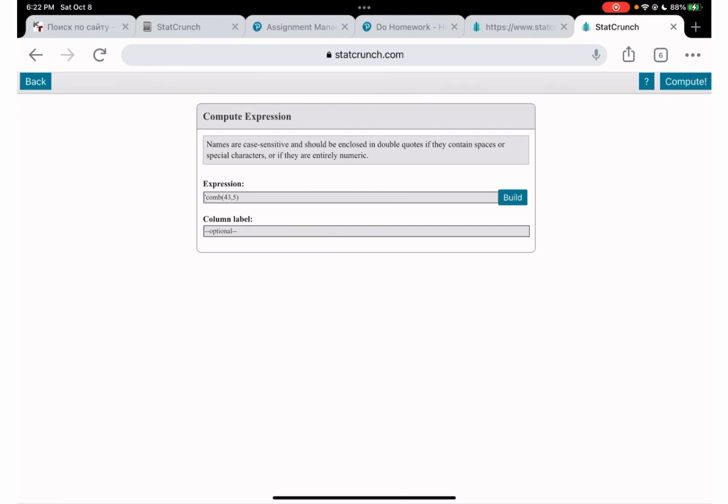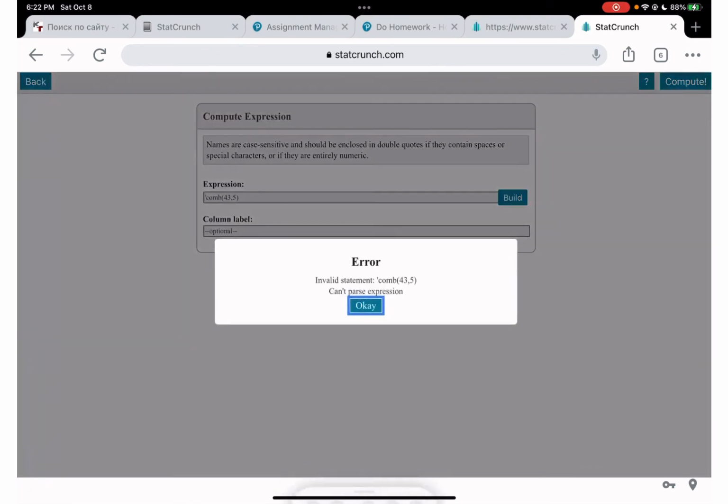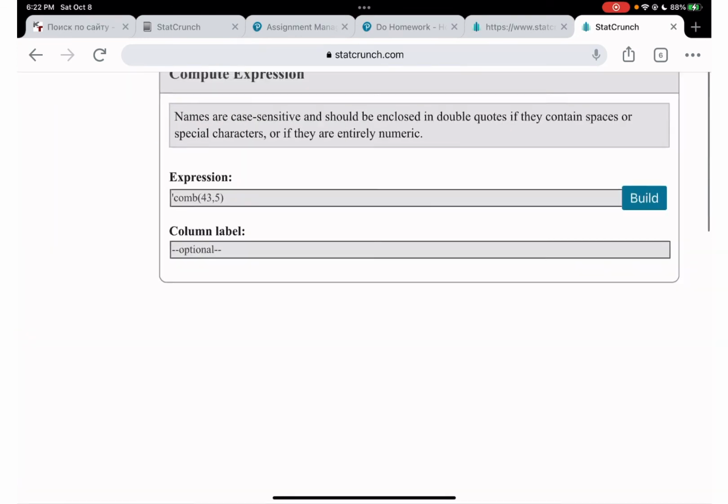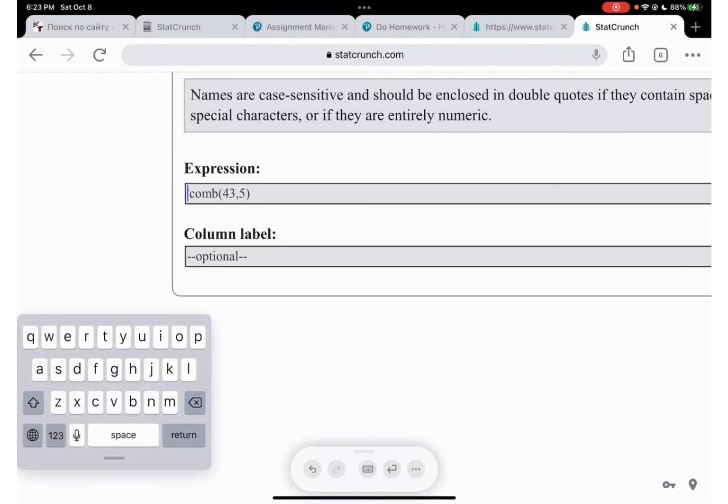Oh, again. Okay. It didn't clear. One more attempt. Oh, it's easier to, okay, looks like it got it.